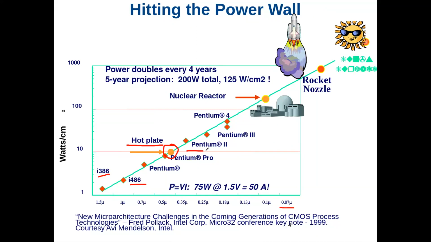But we continued and we went to other versions of Pentium all the way. And if you followed that trajectory, it was possible that the amount of heat that gets generated is going to be something similar to what a nuclear reactor demands. If you go further, it is going to be something similar to what a rocket nozzle is going to generate.